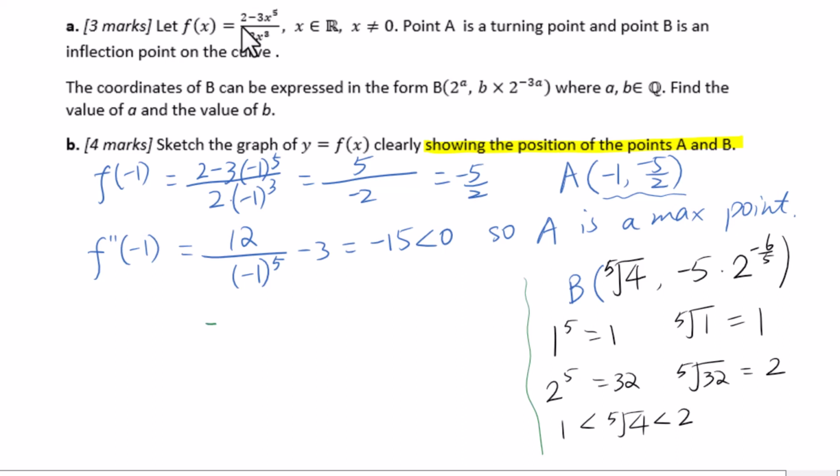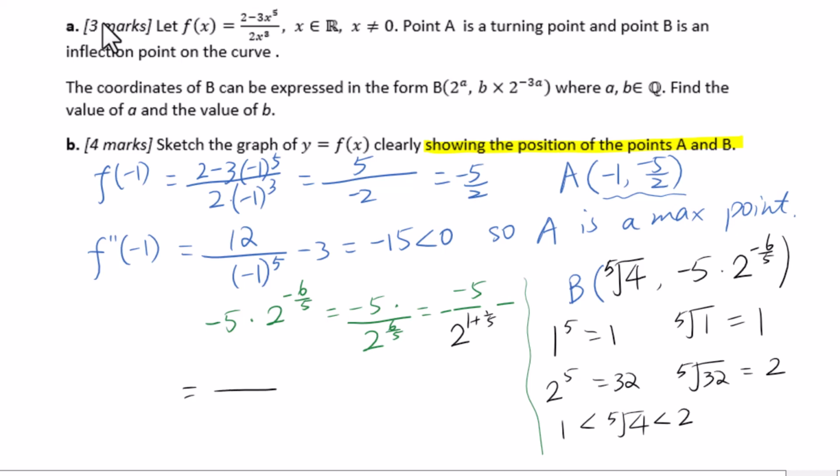Now let's check negative 5 times 2 to the negative 6 over fifth power. We can write negative 5 over 2 to the 6 over 5 power. 6 over 5, we will change into a mixed fraction, 2 to the 1 plus 1 over 5 power.